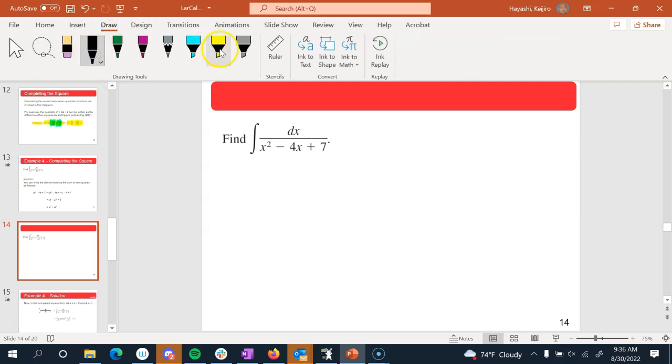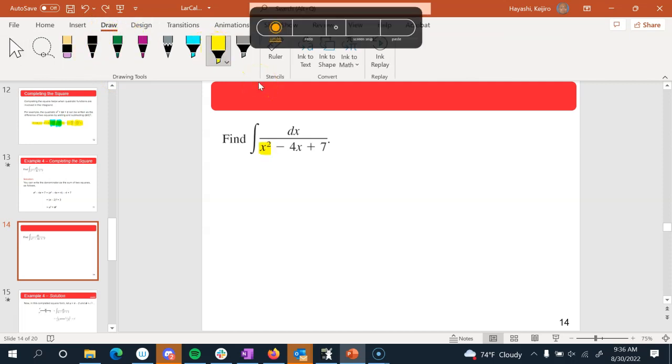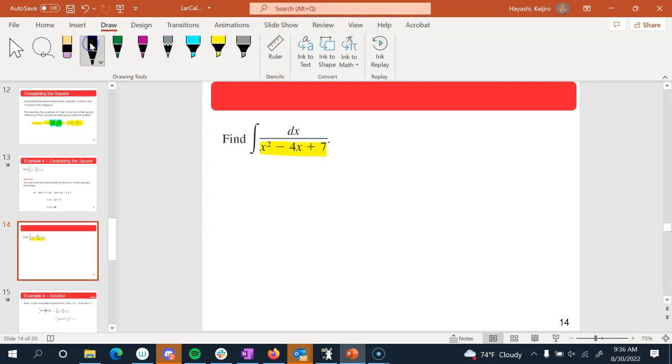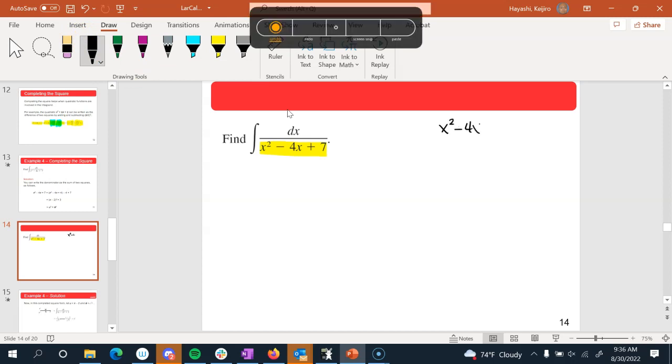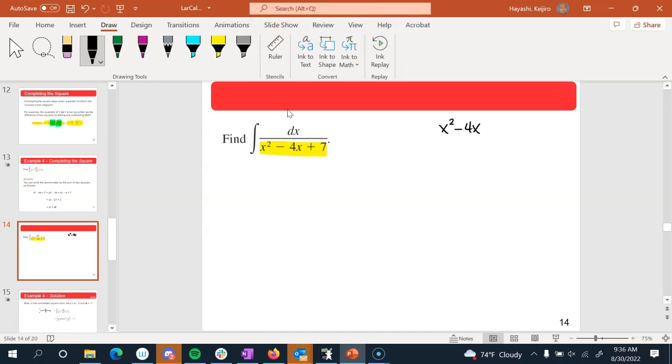Okay, so we're just going to focus on the denominator right now: x squared minus 4x plus 7. We're going to complete the square on that and see what this integral ends up looking like. So x squared minus 4x plus 7.